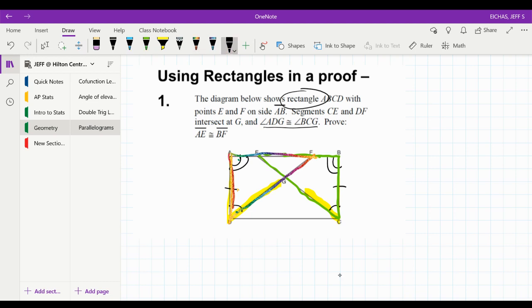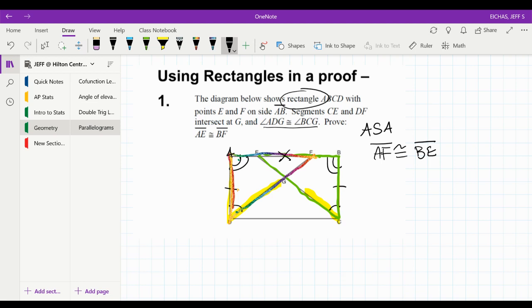So what I'm going to do first is show the triangles are congruent by angle, side, angle. And then I'm going to be able to demonstrate that B to F is the same as B to E. That's by corresponding parts of congruent triangles are congruent.